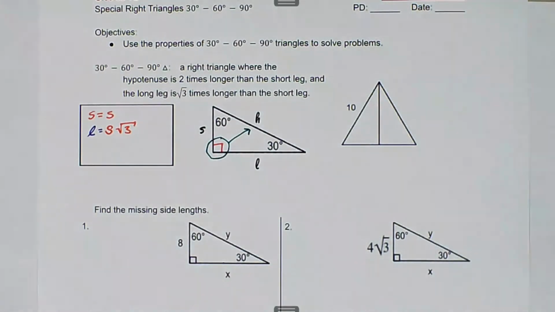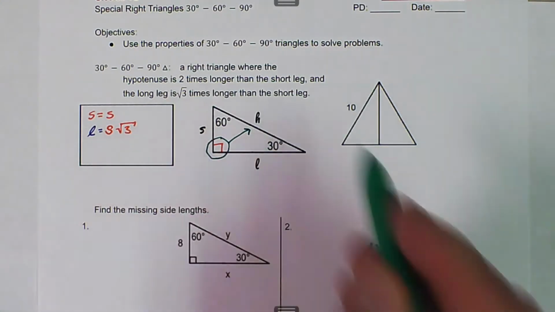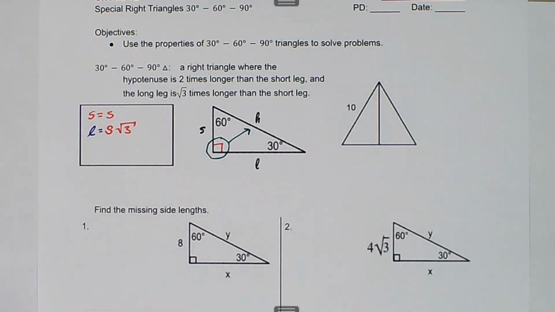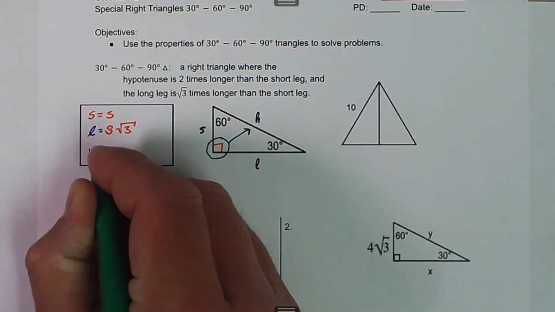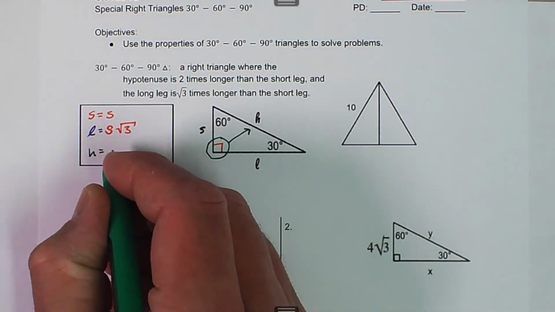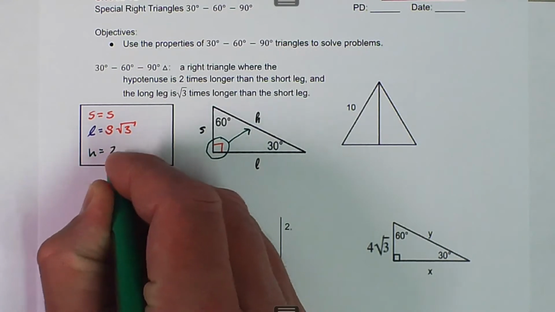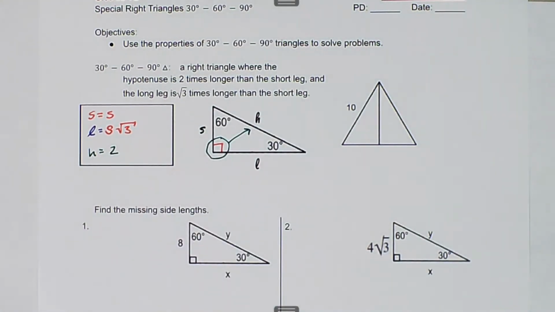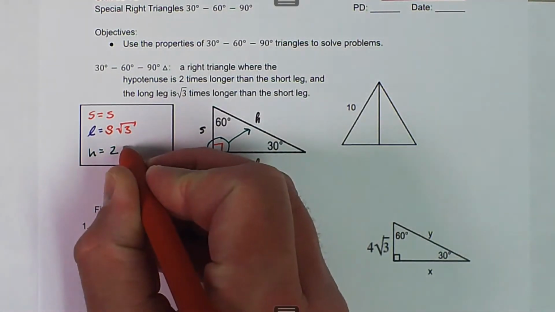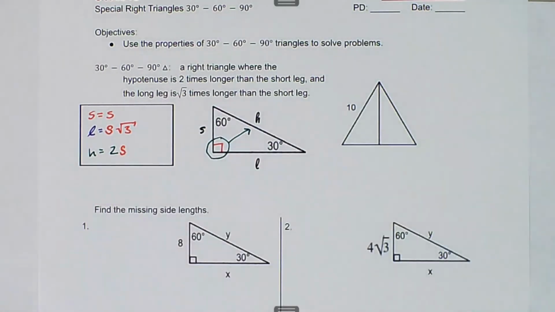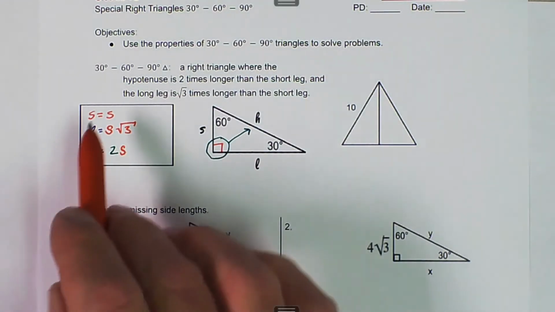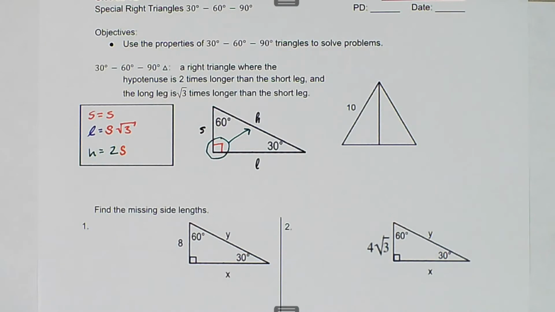And our last example for the hypotenuse is 2 times the short leg. So hypotenuse is equal to 2 multiplied by s, or the short leg. And then we'll use those relationships to solve problems using the 30, 60, 90 triangle.